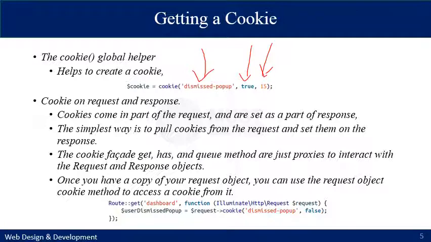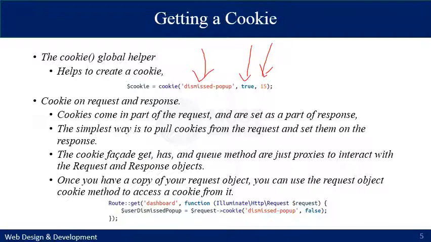Cookies can also be created on the request and response object. In this way, cookies come as part of the request and are also set as part of the response. This is the simplest way to pull cookies from the request and then set them onto the response.